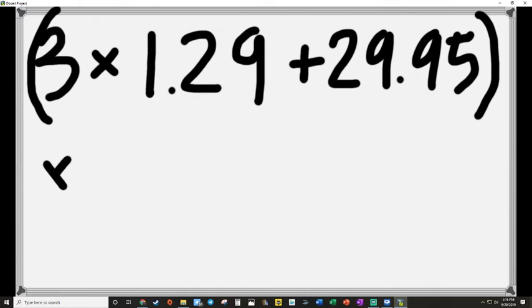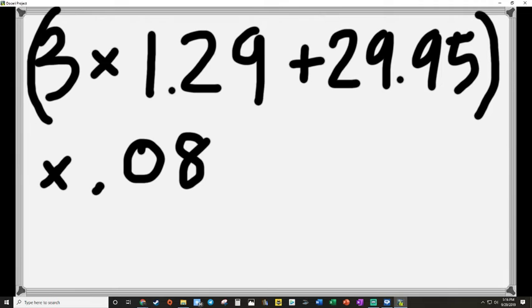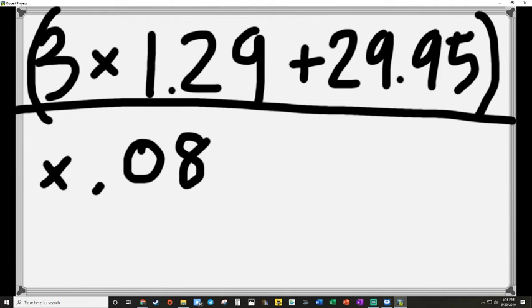Alright, so we're going to multiply everything we just added by 0.08. Okay, so we set up the expression to find the total cost of the items without the tax, which was this. Alright, then we included the sales tax by multiplying the cost of all the items by 0.08, which was this.